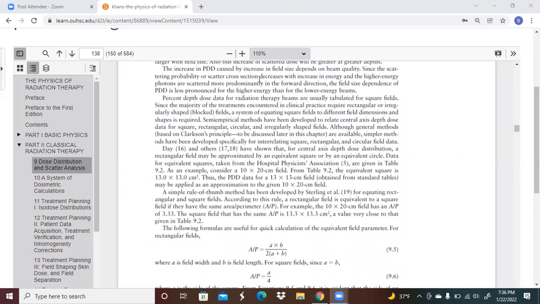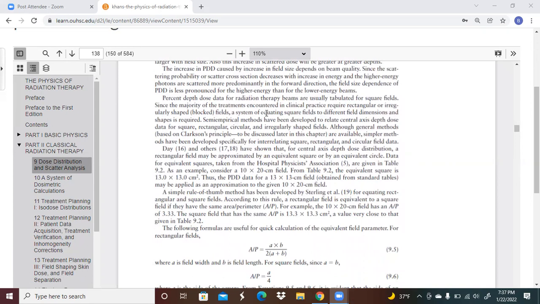The increase in the PDD caused by an increase in field size depends on the beam quality. Since the scattering probability, or scatter cross-section, decreases with increasing energy, and the higher energy photons are scattered more predominantly in the forward direction, the field size dependence of PDD is less pronounced for the higher energy than for the lower.